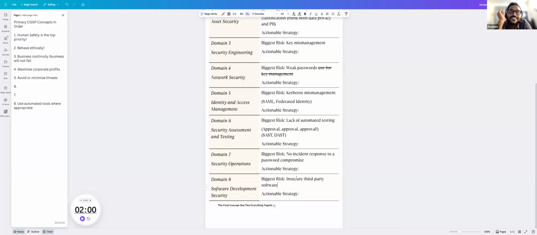Yeah, so it's very important for this particular topic. Insecure third party software is quite relevant even in today's world, so I'm going to circle back to my architecture principles. An enterprise architecture follows the principle of reuse before buy before build.